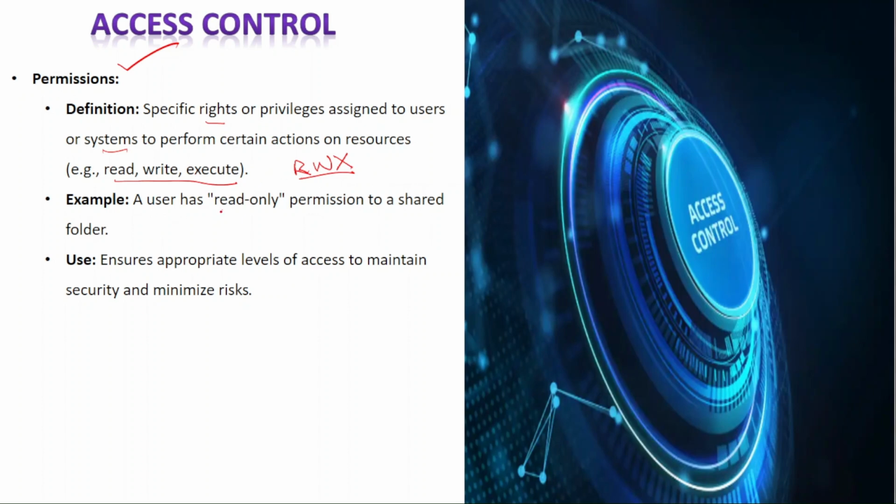For example, a user may have only read-only permission on a shared folder. Another user may be given read as well as write or edit permission. It is used to ensure an appropriate level of access to maintain security and minimize risks.